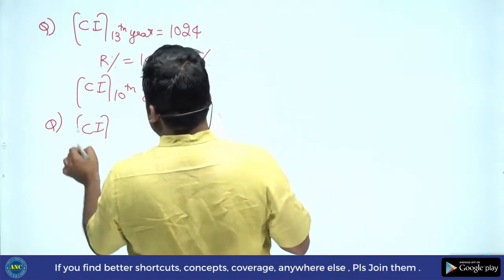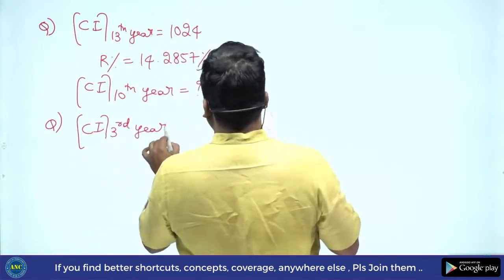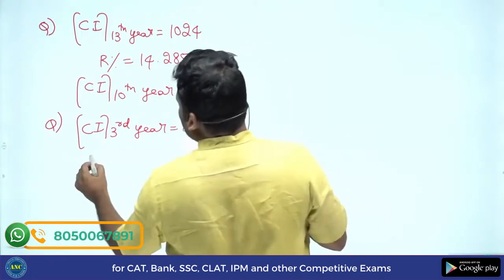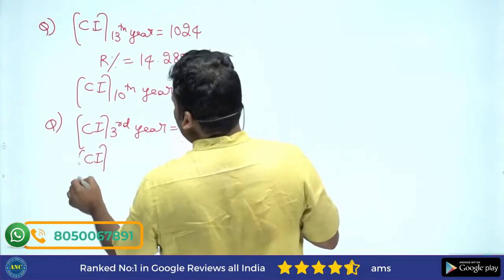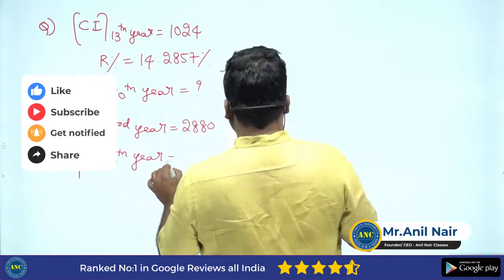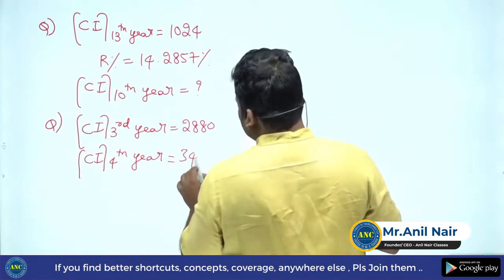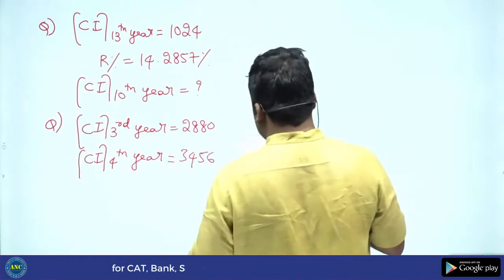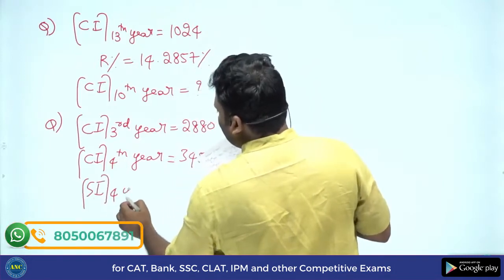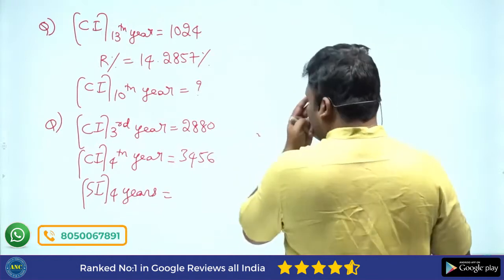CI for 3rd year is 2880. CI for 4th year is 3456. Find the SI for 4 years. I am just writing all his doubts, sir.